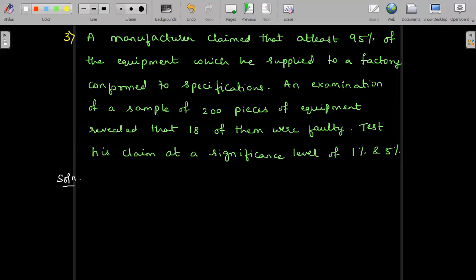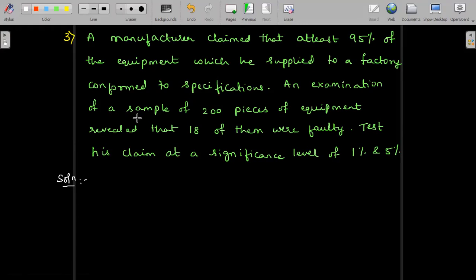So let us first analyze the data. It is said that a manufacturer claimed that at least 95% of the equipment which he supplied to a factory conformed to specifications. Means they have confirmed that the product is up to the mark, up to the satisfaction.